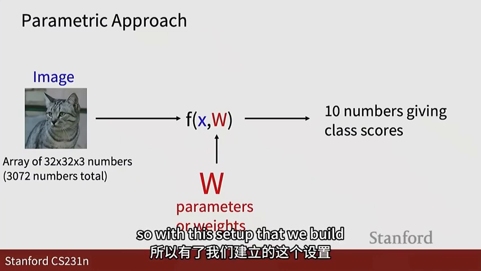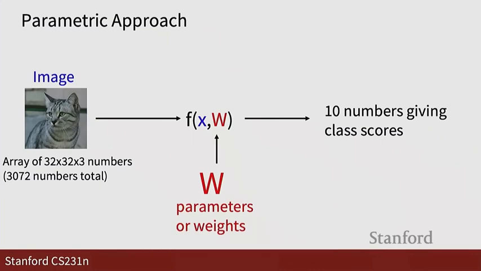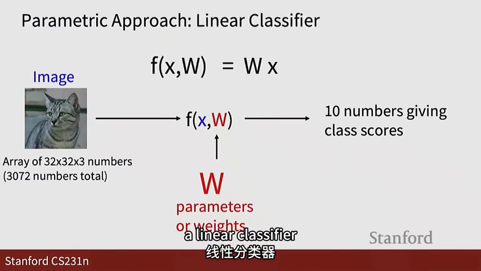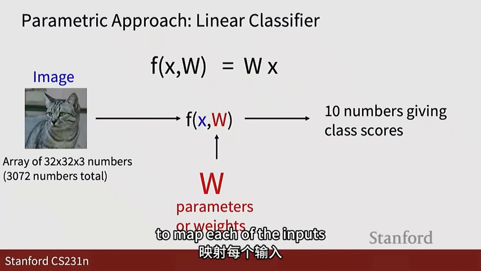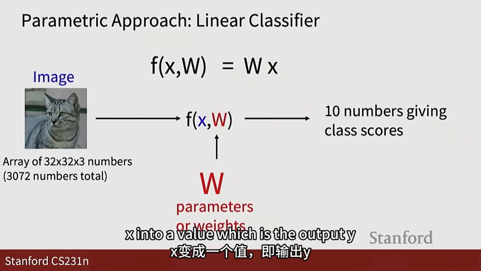So with this setup, a linear classifier uses W, these parameters, to map each of the inputs x into a value, which is the output y.